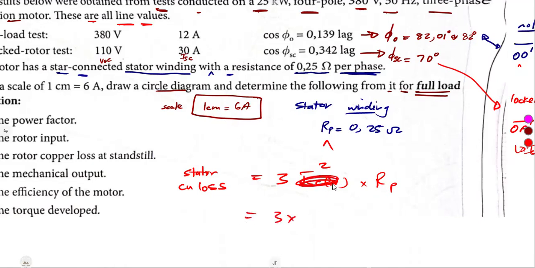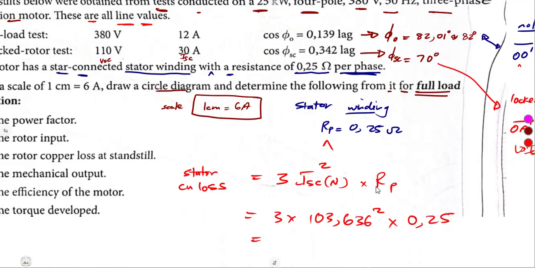So remember, we calculated this value. It's unfortunate that I erased it, but we calculated this. It was 103,636 squared. All right, so we're going to square that one times the phase value of 0.25. So that was going to give us 8,000. So we are calculating the stator copper loss from the phase value.